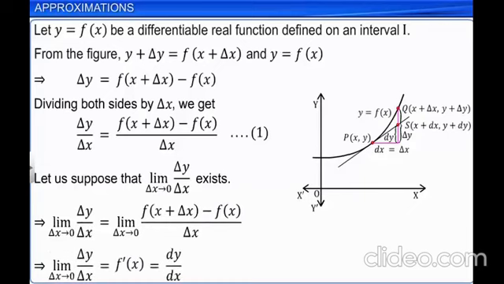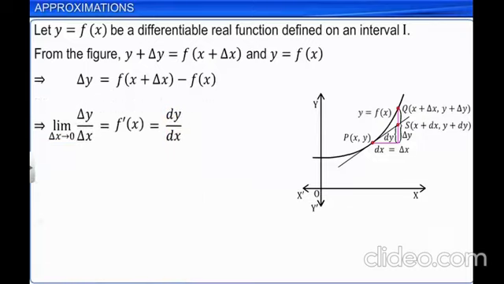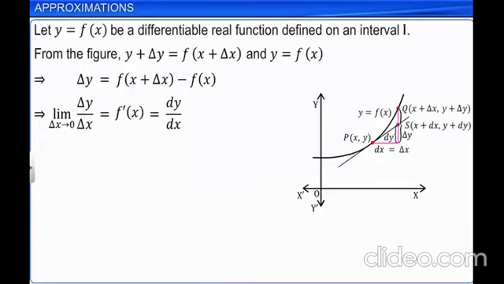The right-hand side of the equation can be written as dy upon dx. Therefore, limiting value of delta y upon delta x is dy upon dx.